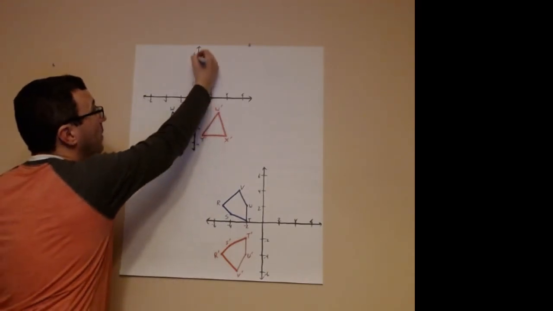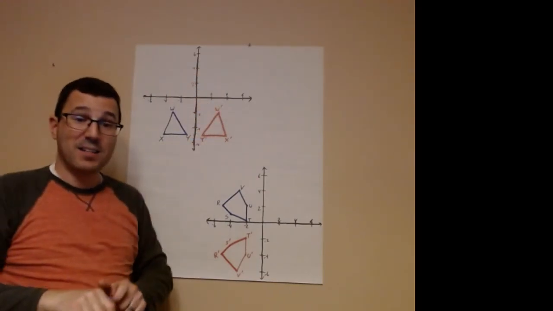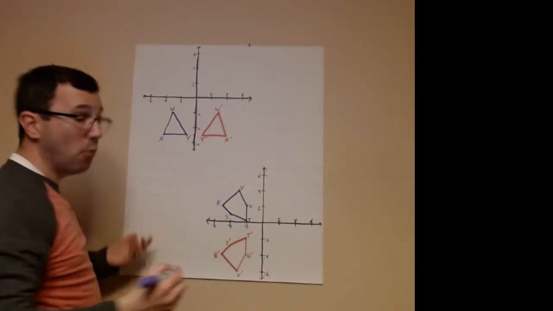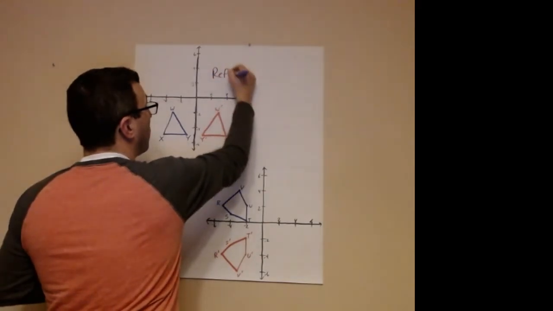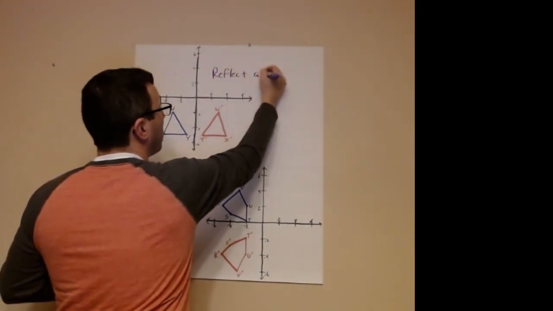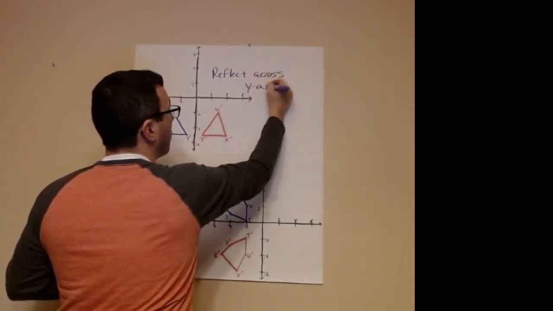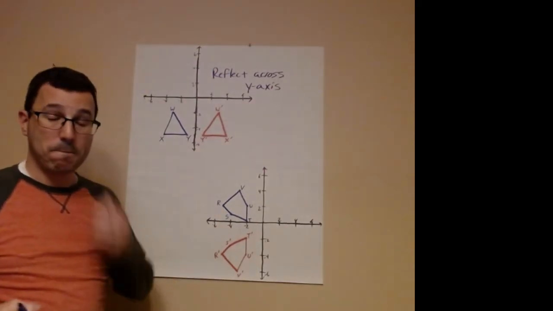Yep. The y-axis is our line of reflection. So we can write, what's the rule? Reflect across y-axis. Nice and simple.